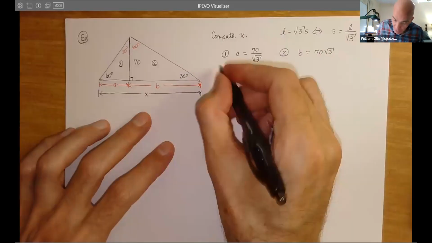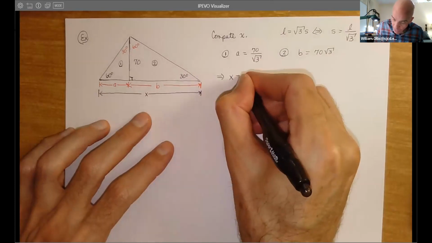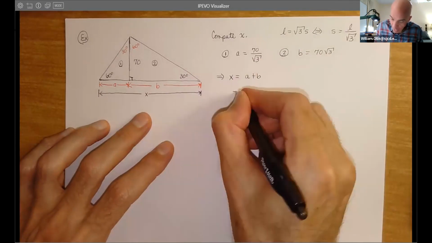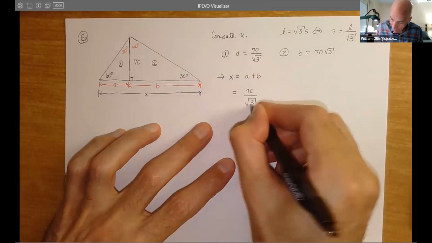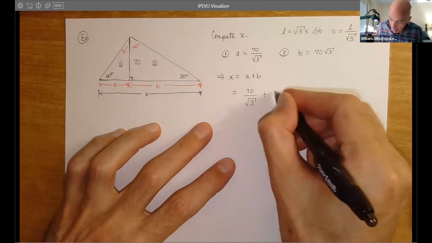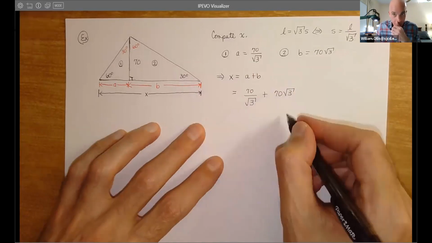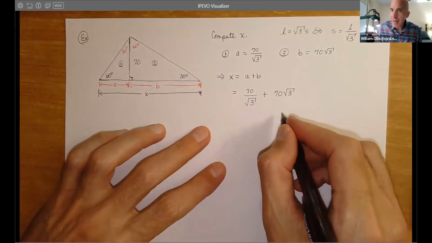So now this implies that x equals A plus B. So we have 70 over root 3 plus 70 times root 3. Now, I want to show you a couple of things here, and this is an exact computation.